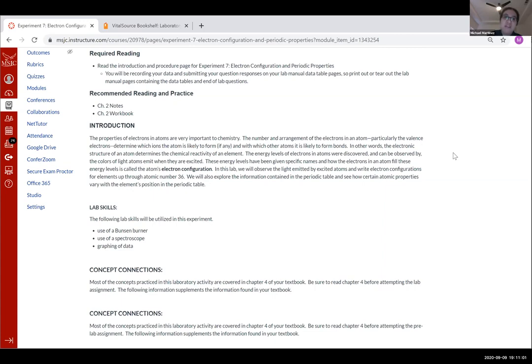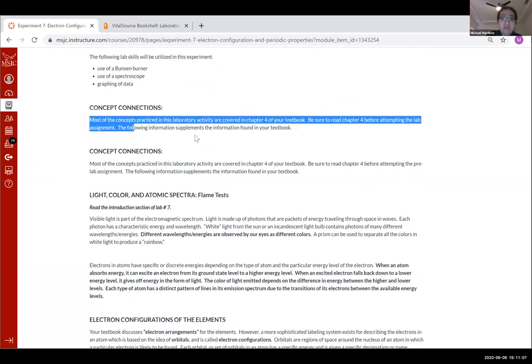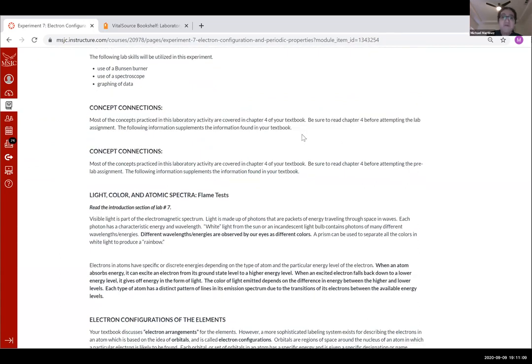We call this a flame test. You may want to read chapter 4 before attempting this laboratory. Chapter 4 also has a bunch of information relevant to electron configurations, orbital energy diagrams, and flame tests.